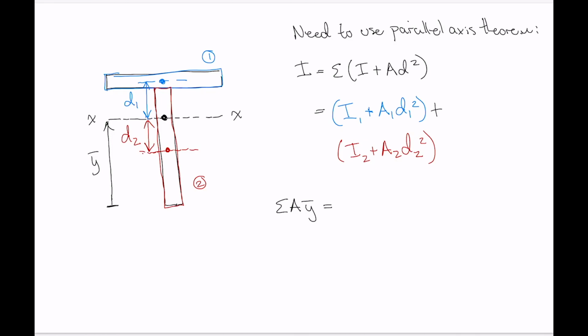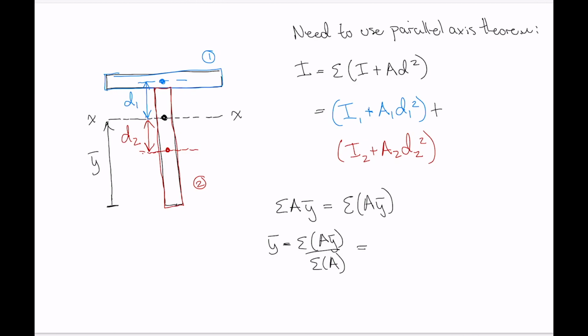So this has to be equal to the summation of A y bar for the component shapes. This gives us an equation that says y bar is equal to the summation of A y bar over the sum of A.